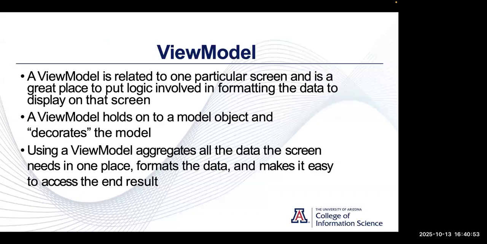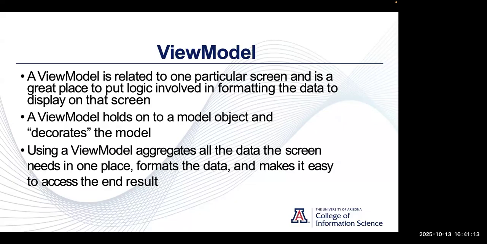Now, a view model. This is just a recap of what a view model is. A view model is related to one particular screen and is a great place to put logic involved in formatting the data to display on the screen. The view model holds the model object as well as decorates the model.